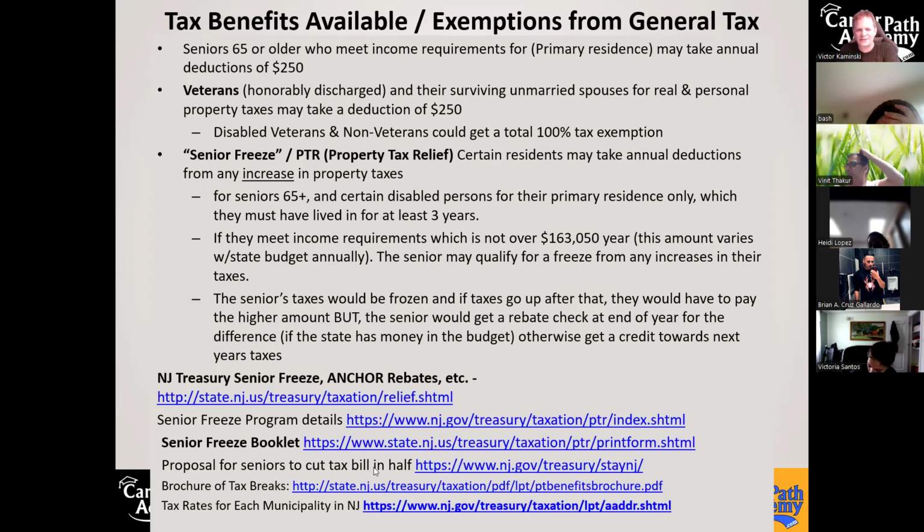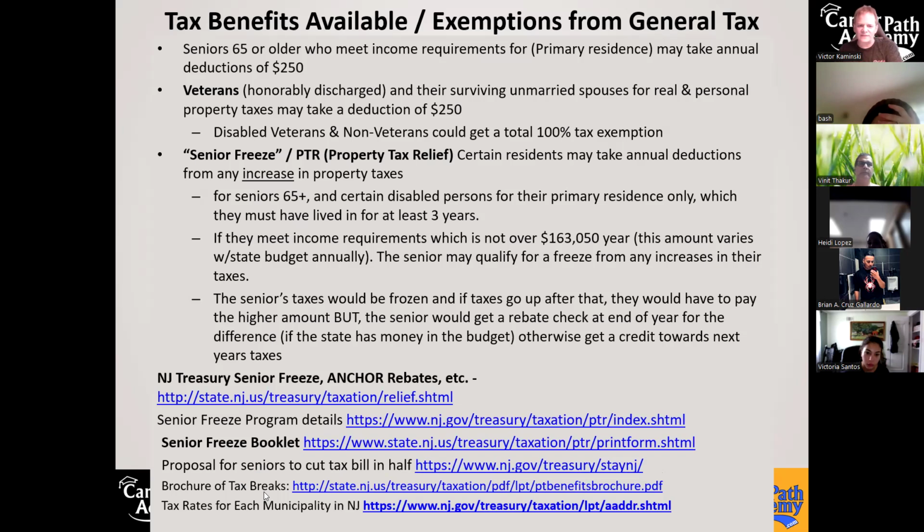But I guess the legislators were in argument over that because they don't want to give up all that money. So they changed it to they'll cut the seniors' tax bill in half, just so they could stay in New Jersey and not move out to a more affordable state to retire in. It's called the Stay NJ program, and it goes into effect next year.